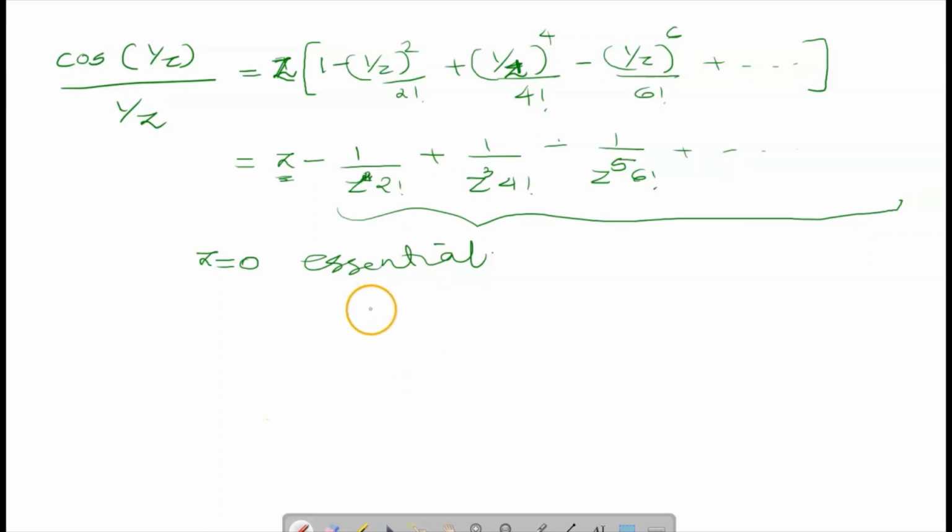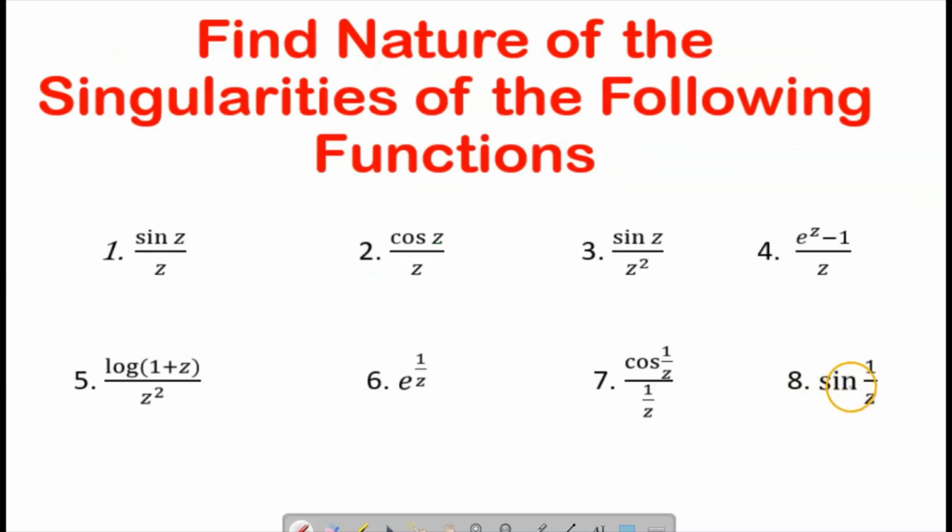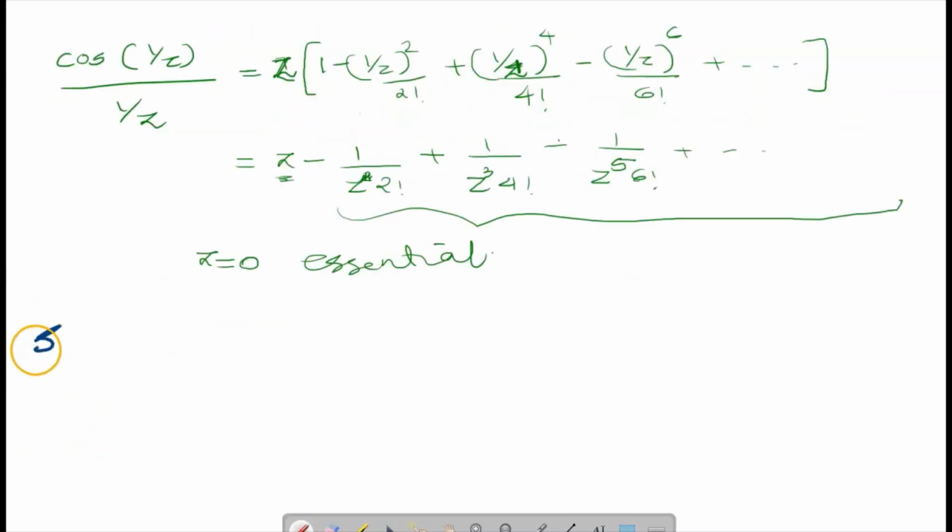Now the last question. Sine 1 by z. So let's check the singularity of this function. Now let's expand sine 1 by z. Clearly z equal to 0 is the singularity of this function.